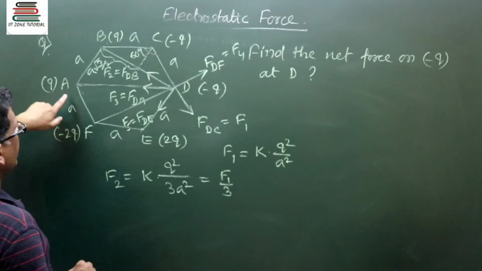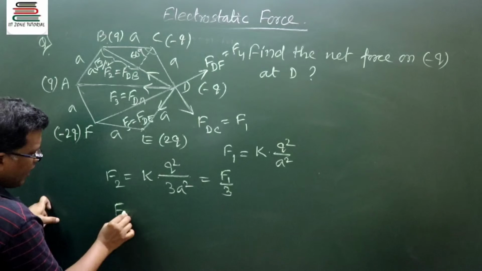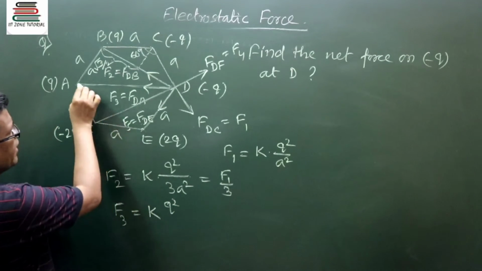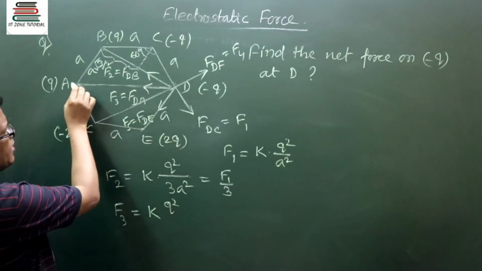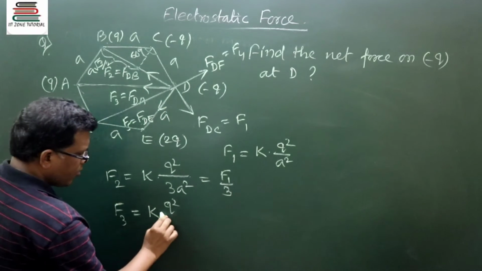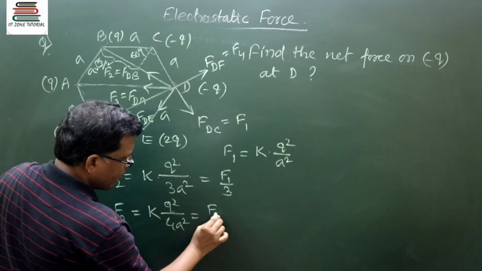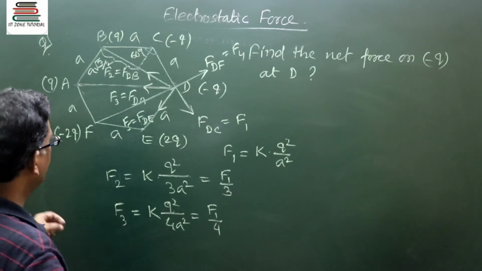Now moving to the next, this is F3. F3 will be again K Q square. The diagonal of the regular hexagon is twice the side, the edge length is A, so the diagonal length will be 2A, and its square will be 4A square, meaning F3 is F1 by 4, got my point.